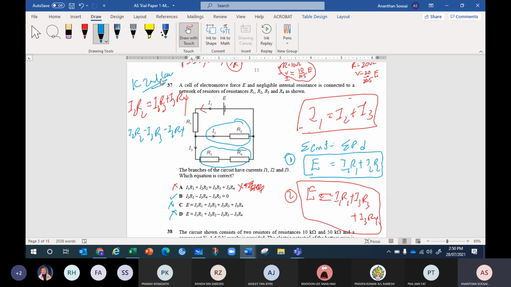Any part of the circuit you don't understand, you tell me. I give you 1 minute to take down before we go to the next question. I think it's recorded, right? So you can view it. Okay, next question.